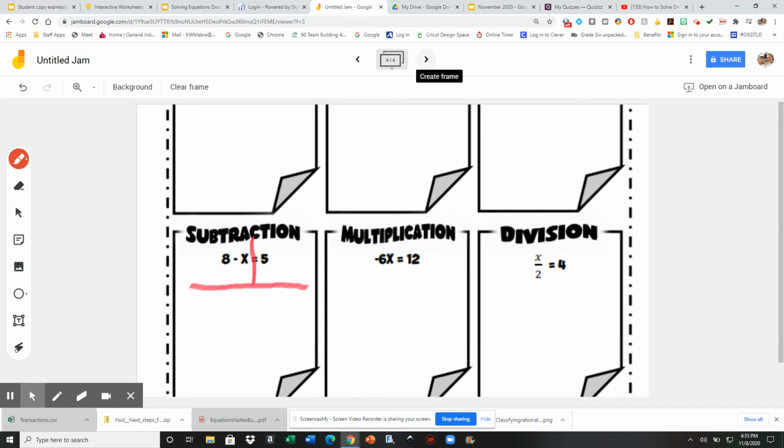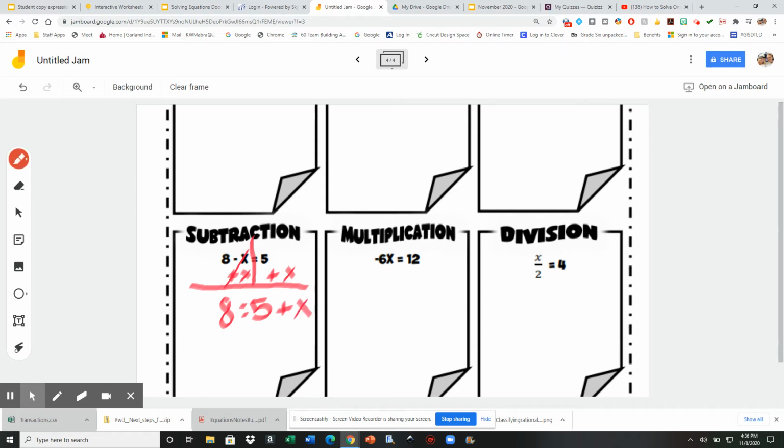So what I could do right here is just add the opposite. I'm going to add x to both sides. So now I have 8 on one side is equal to 5 plus x.